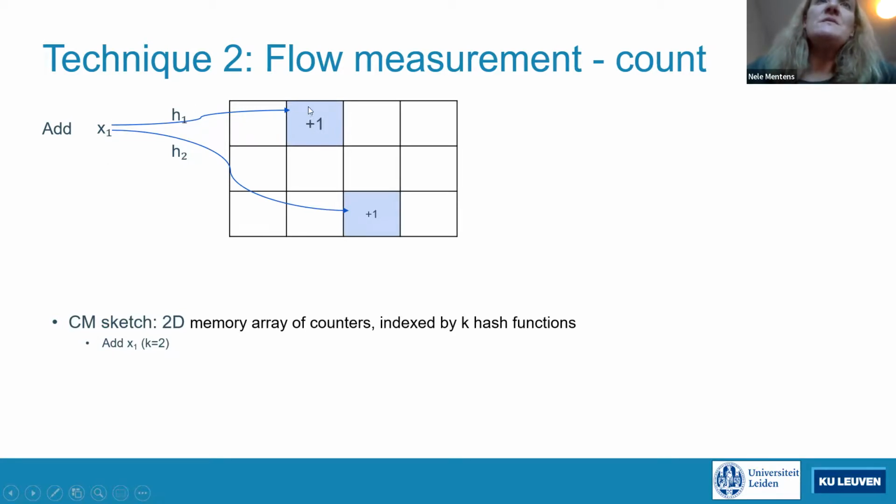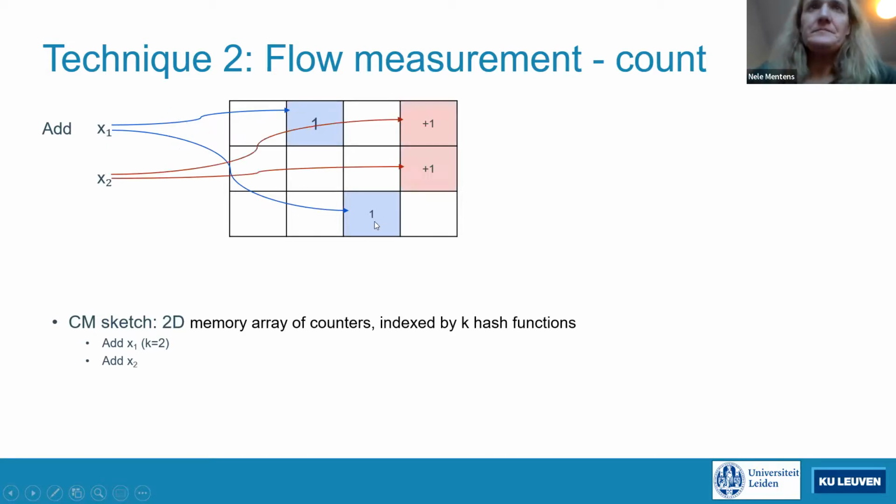H1 points to this memory location, where we have a counter, and we increment it. H2 points to this memory location. We also have a counter here, and we also increment this counter. Then X2 comes in. The hash functions point to 2 different memory locations where we do the increment again.